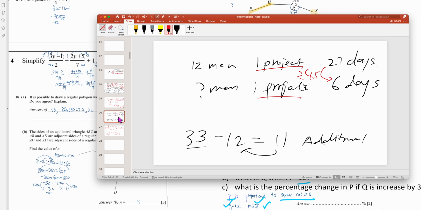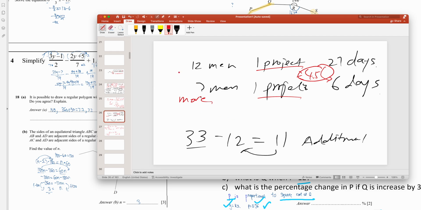Then you find out. So now, you ask yourself, you have less days to complete. Do you need more manpower or less manpower? More. So in a way, you need more men. So you divide by this, you get less, right? Yeah. So how do you get more?